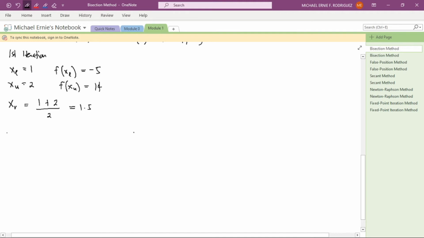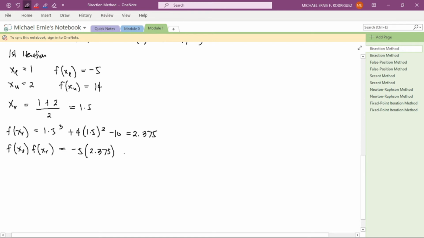And then f of x sub r is equal to 1.5 cubed plus 4 times 1.5 squared minus 10 is equal to 2.375. And then the product of f of x sub l and f of x sub r is now equal to negative 5 times 2.375. This is less than 0. Therefore, we set x sub u is equal to x sub r that's equal to 1.5.